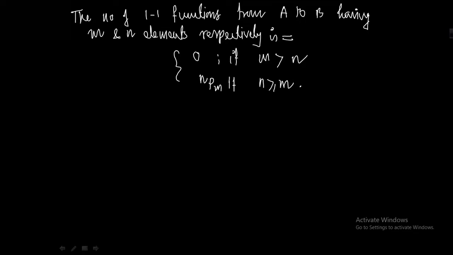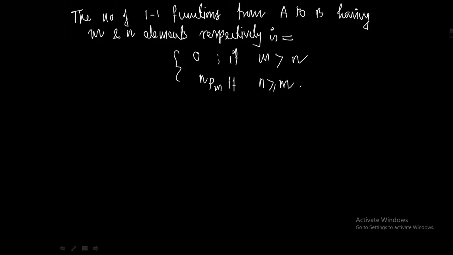এটা মনে রাখিস, এটা কম্বিনেশনের প্রুফ এখন করছি না। If the number of elements of the domain is greater than the number of elements of the codomain, then there will be no 1-1 function.